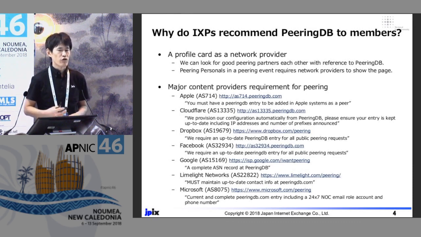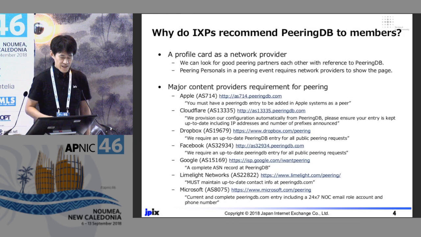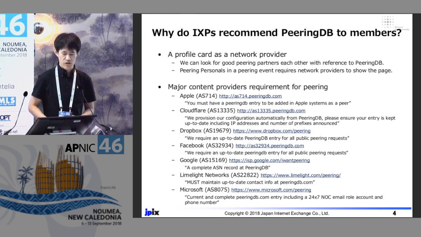But unfortunately, there are no peering partners in the APNIC meeting. But I think the Apricot meeting has peering partners in a peering session slot. And there, peering partners require network providers to show the page for self-introduction.